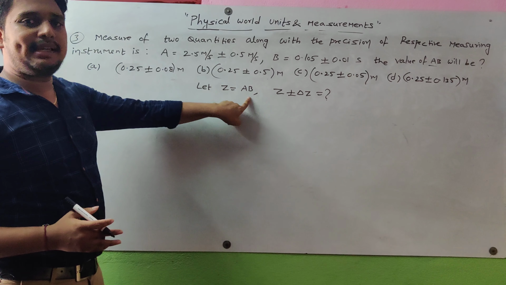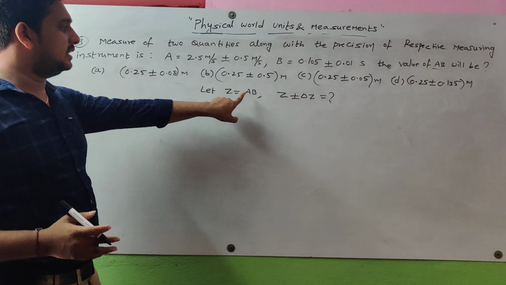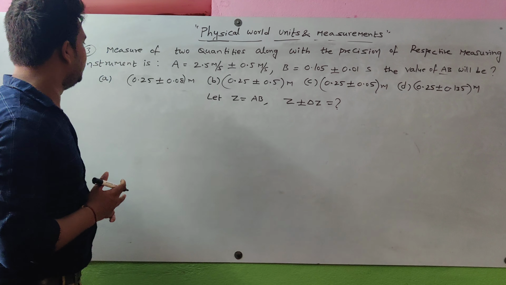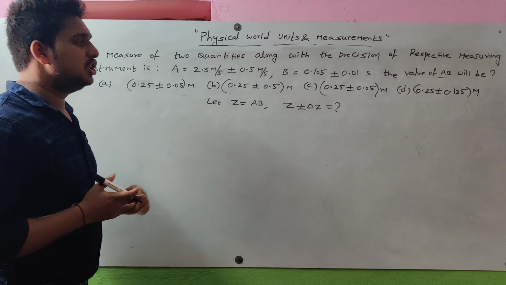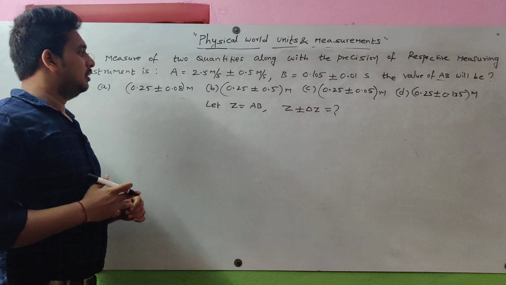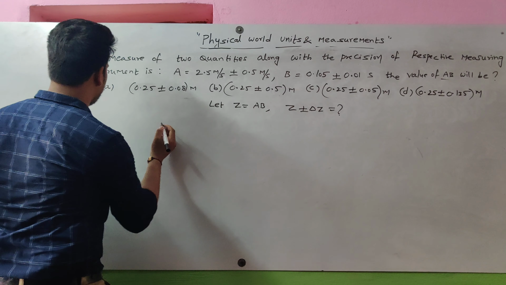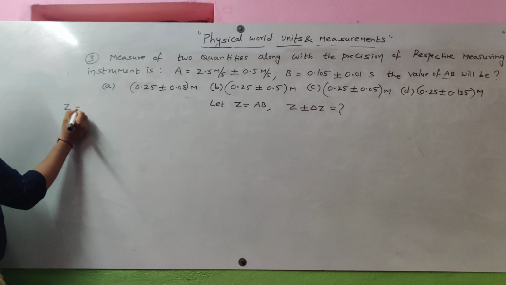Some options are given. Which option is suitable we need to find here. Now Z is equal to AB.